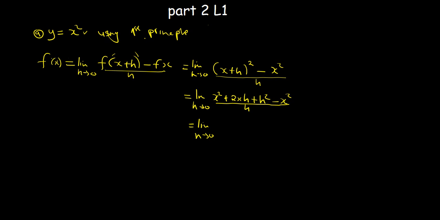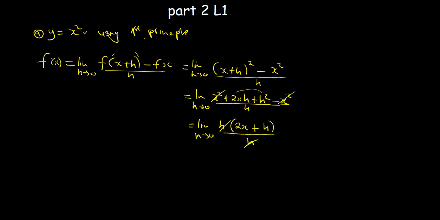So this and this can go, as you can see, then we remain with the 2hx. So I can even factorize what is common there, which is h. So I'll say h open bracket 2x plus h, once you factorize, over h. So we can see this h and this h go.